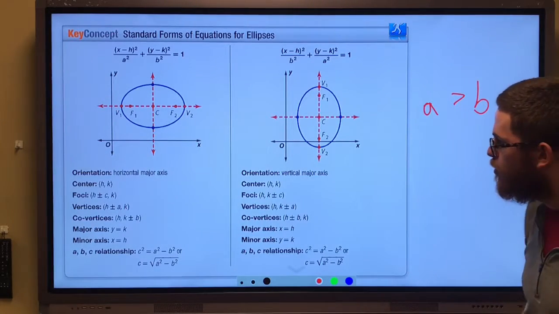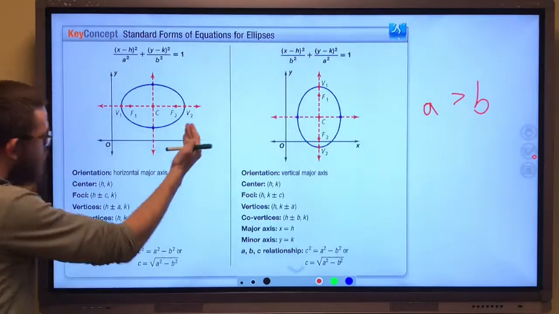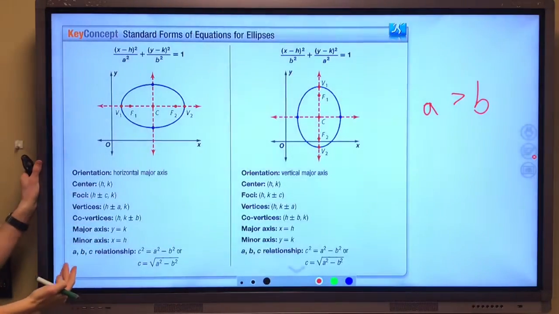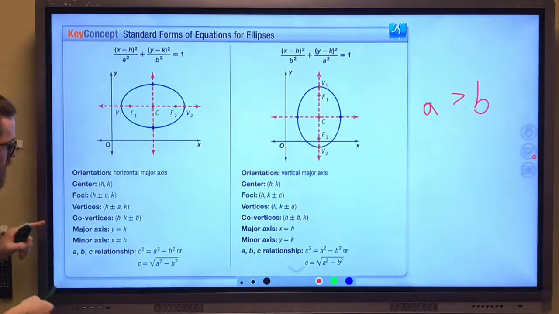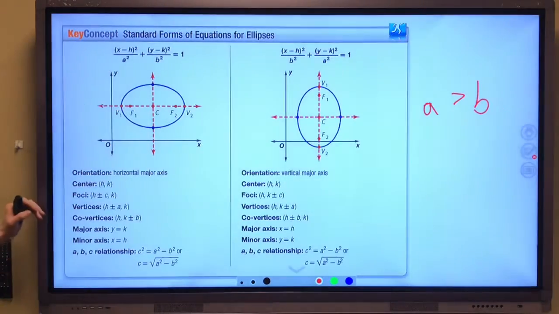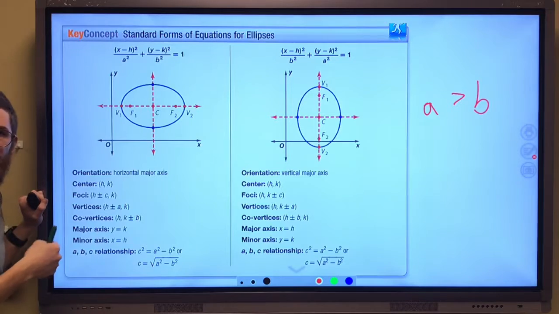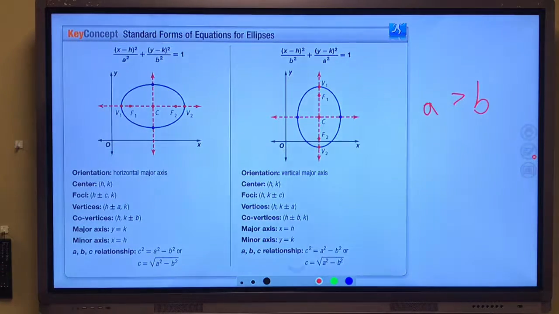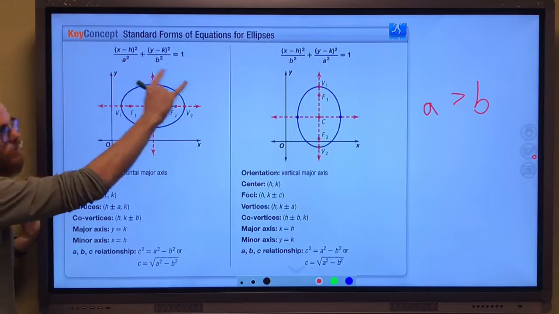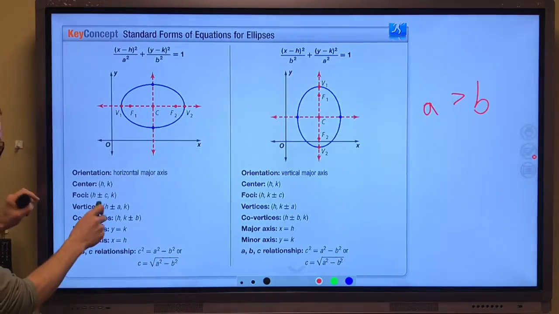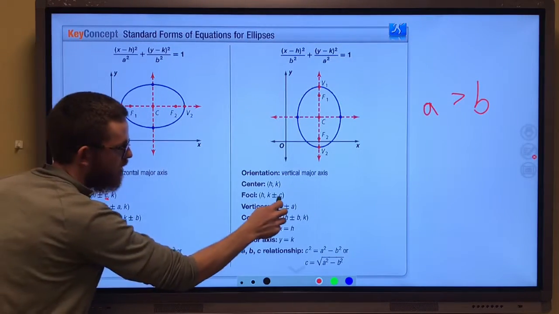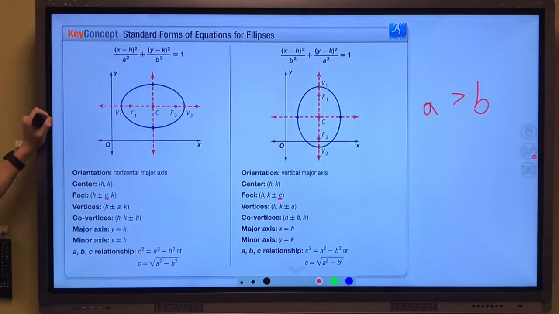Other than that, it's pretty similar, but just remember, if it's a horizontal major axis, the major axis contains the vertices, not the co-vertices, and the major axis contains the foci. The center is (h, k) for both. The foci are very similar. Notice that we have this c value here, and c is not present up there in our formula.